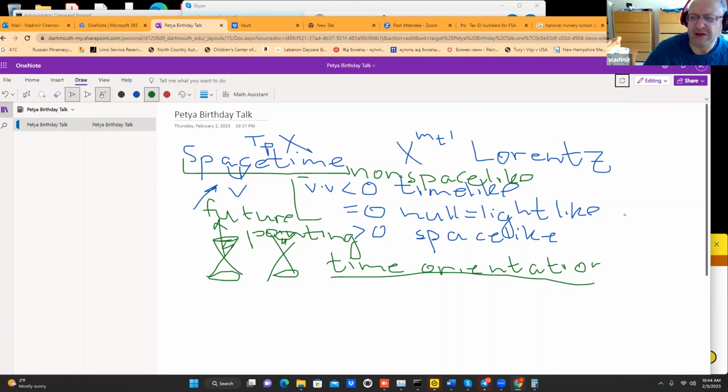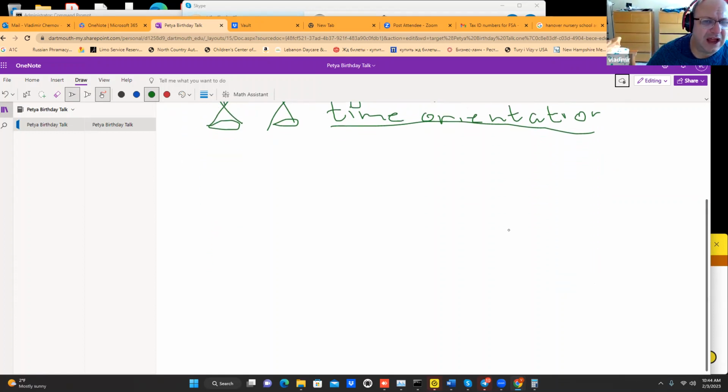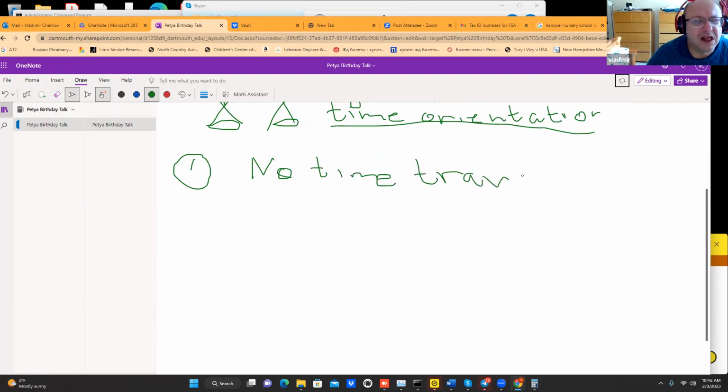Okay, so I would like to put the following two restrictions on the spacetime. Condition number 1: I would like to prohibit time travel. So what is time travel? Time travel is a closed, non-space-like curve.